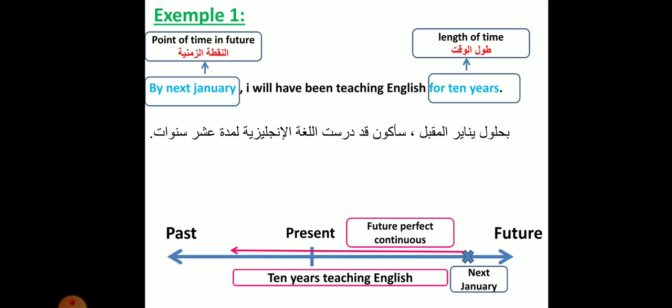Please look here at the timeline. Next January is the point of time in the future, and the length of time of the action is 10 years teaching English. So here we are looking back to the past.